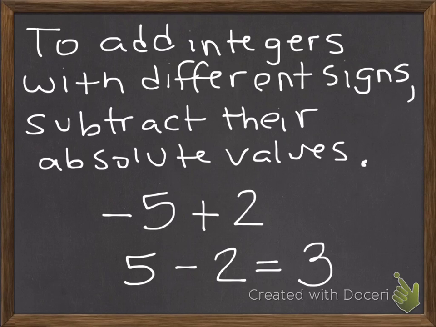Then I have to decide whether it's negative or positive 3. The higher absolute value was from negative 5, and it was a negative, so my answer should be negative. So my answer here would be negative 3.